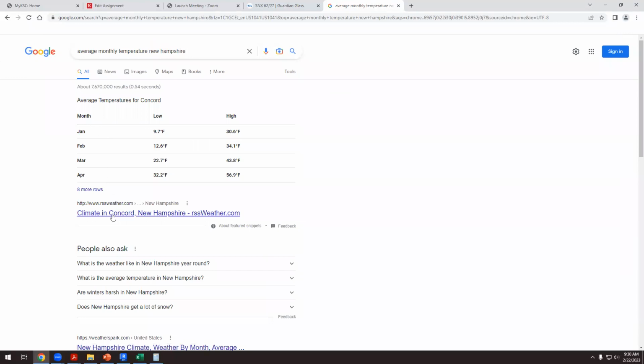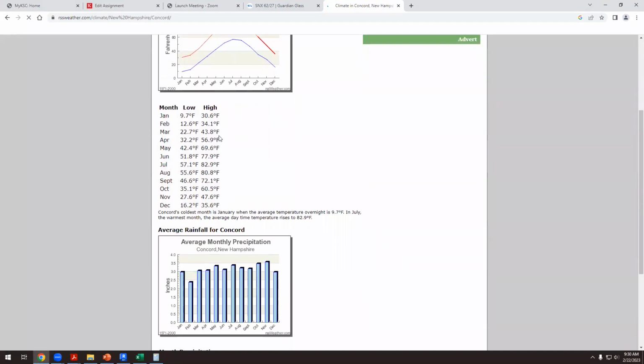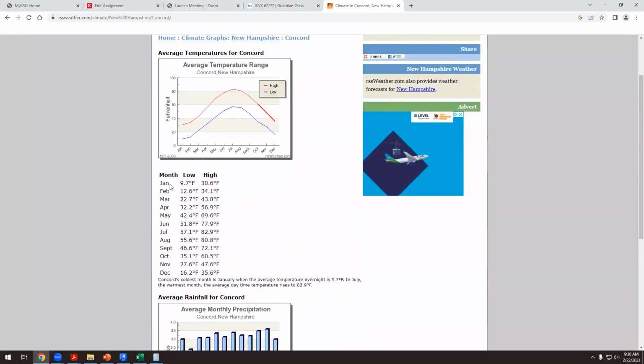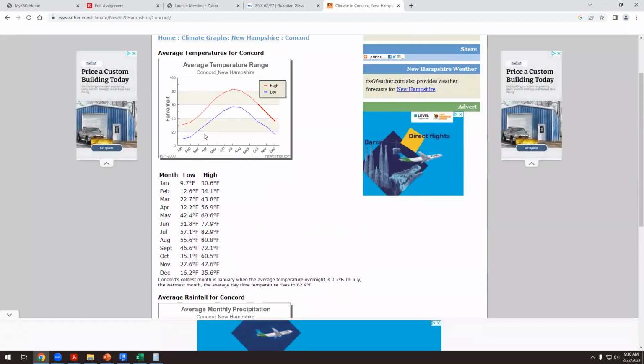So look at this, okay? We can find this information very easily. In January, we can use the average low temperatures, not the average. If we want to be on the safe side, we can use this 9.7, 12.6, and so on and so forth. Okay.